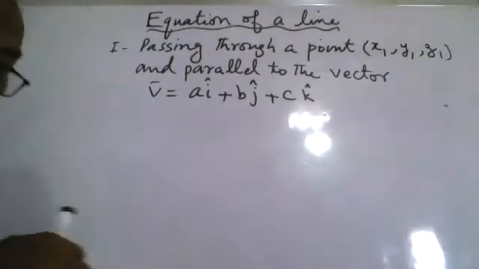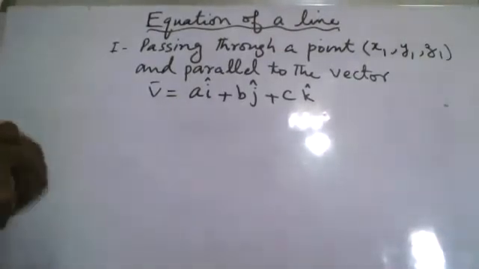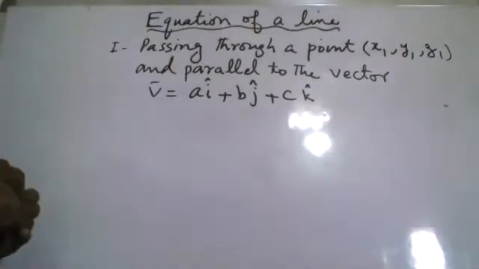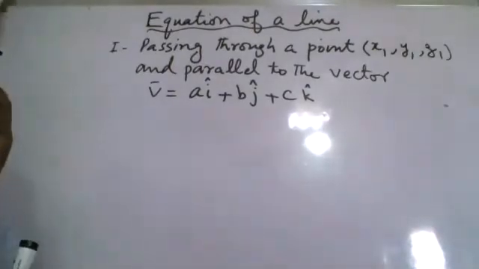We will determine the equation of a line which is passing through the given point x1, y1, z1 and is parallel to the given vector ai plus bj plus ck.